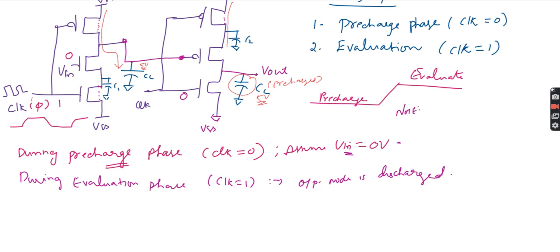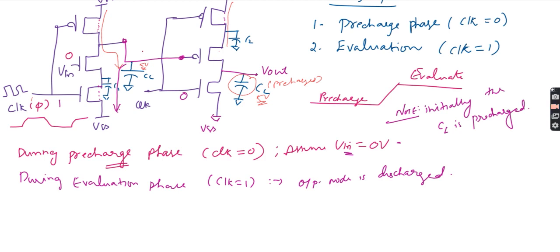Note: initially the CL is pre-charged. So what will happen? This will be discharged, so I'll get 0.